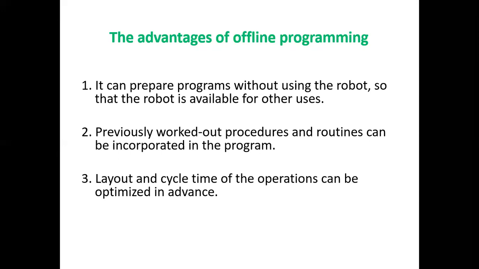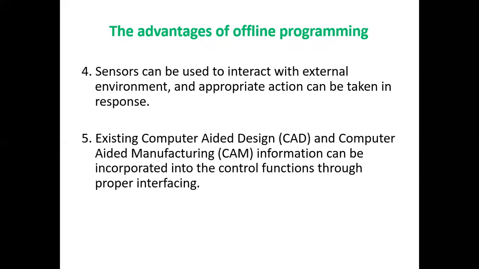Then the advantages of offline programming. It can prepare programs without using the robot, so that the robot is available for other users. Previously worked out procedures and routines can be incorporated in the program. The cycle time of the operations can be optimized in advance. Sensors can be used to interact with the external environment and appropriate action can be taken in response.